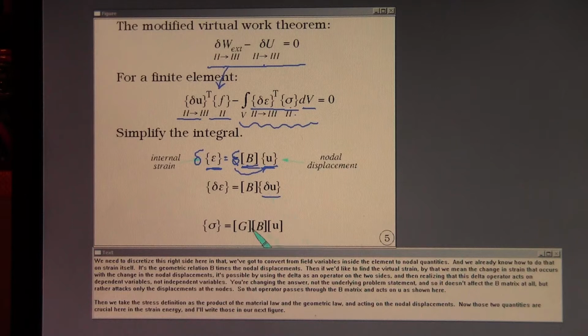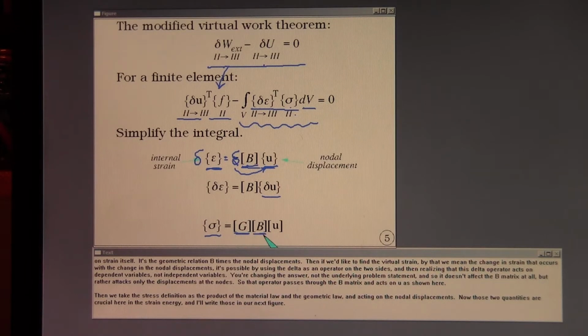Then we take the stress definition as the product of the material law and the geometric law, acting on the nodal displacements. Now those two quantities are crucial here in the strain energy, and I'll write those in our next figure.